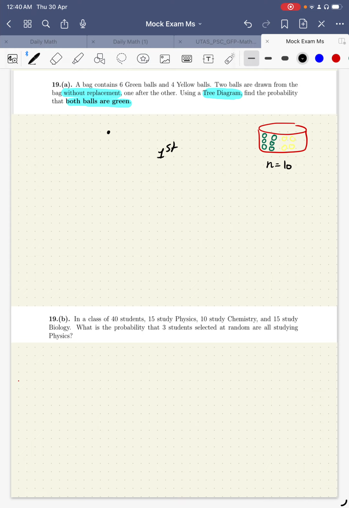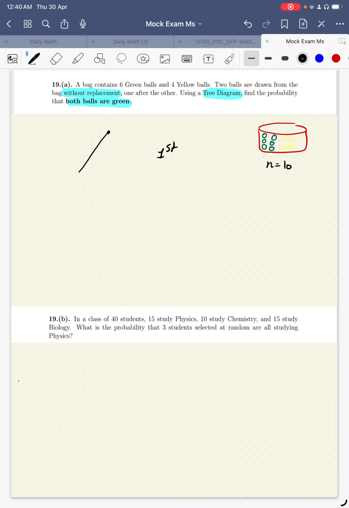I have two possibilities. The first is picking a green ball. The second is to pick a yellow ball. عندي احتمالين. الاحتمال الأول إنه يكون عندي كورة خضراء والاحتمال الثاني يكون كورة صفراء.